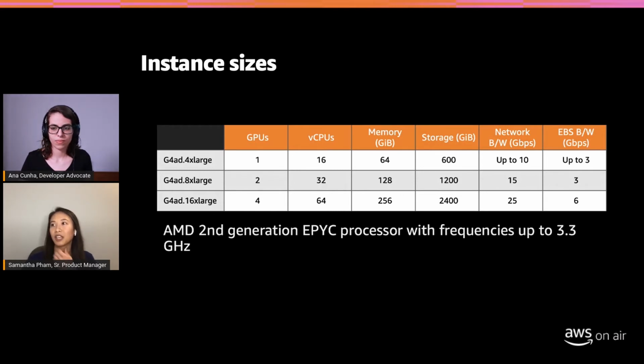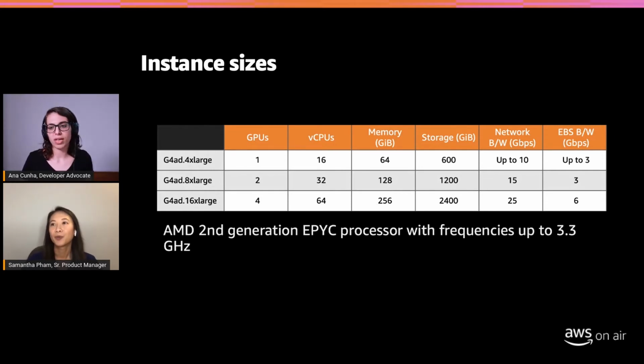As you go up in size, you'll see that that ratio of CPU to memory stays the same. It's about 1-ish to 4. And then the biggest size we have here is the 16X large with 4 GPUs, 64 vCPUs, 256 gigabytes of memory, and 2.4 terabytes of storage. Yeah, pretty impressive.